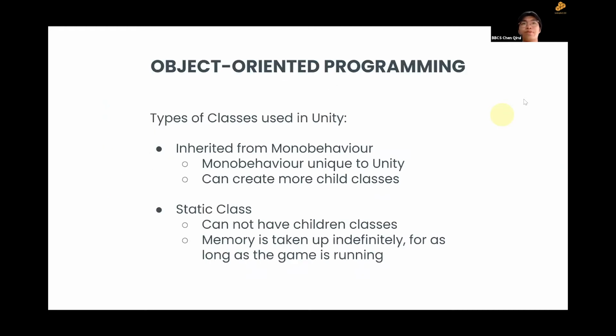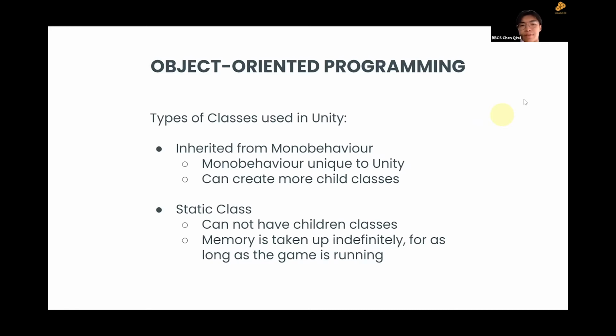And then we also need to know a fundamental concept that's very integral to Unity game development, which is object-oriented programming. Actually everything that we are making are classes and objects in Unity. So what is object-oriented programming?